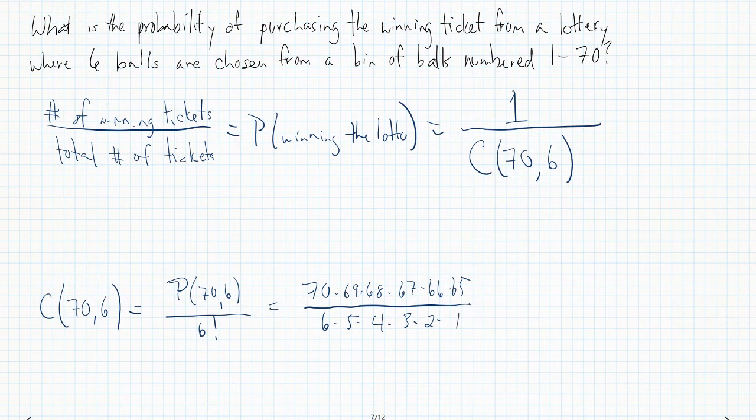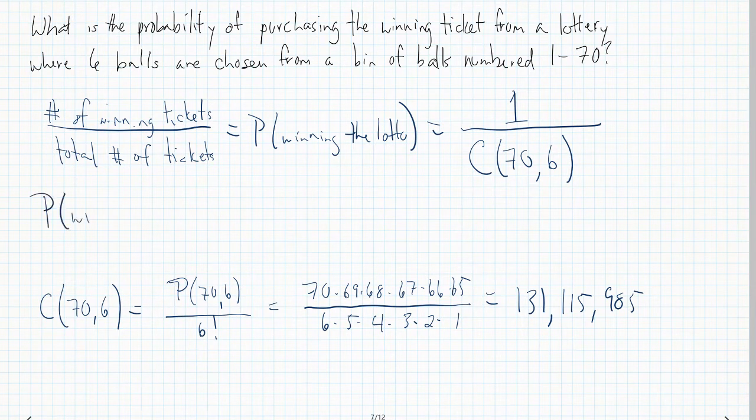Okay. Now we can try to simplify this, or you can just plug it into the calculator. At the end of the day, what do we get? Well, I think we're going to get 131,115,985.